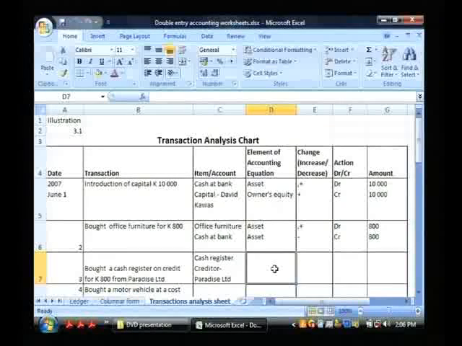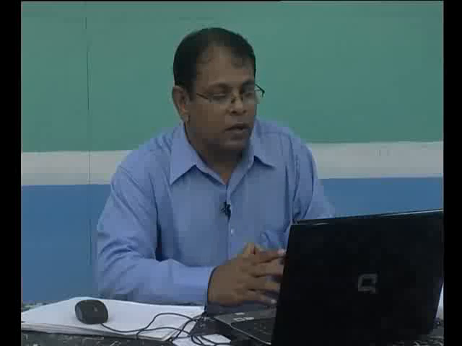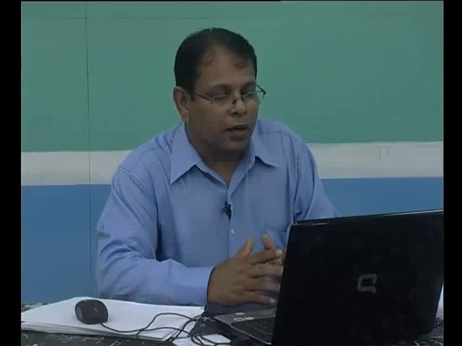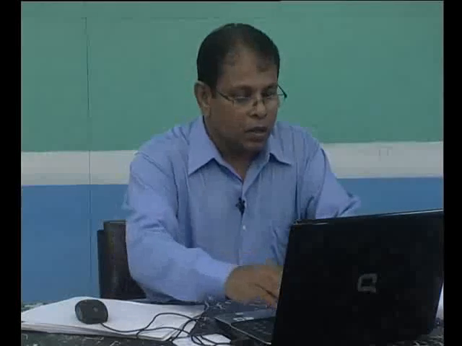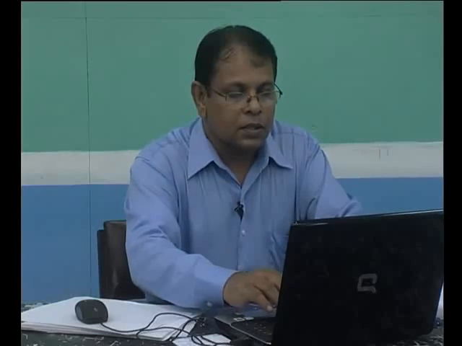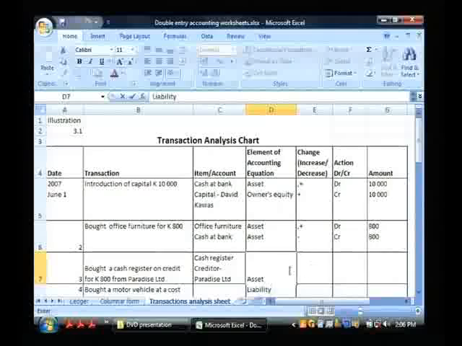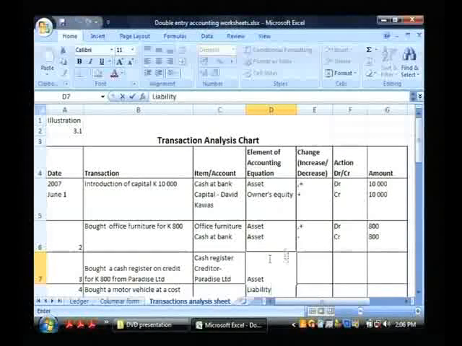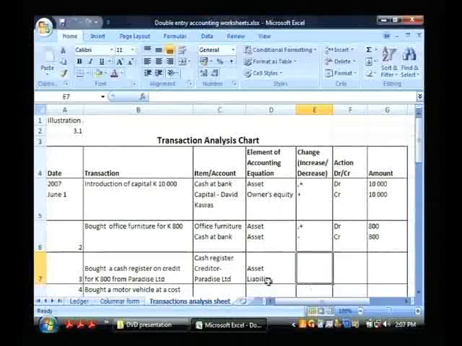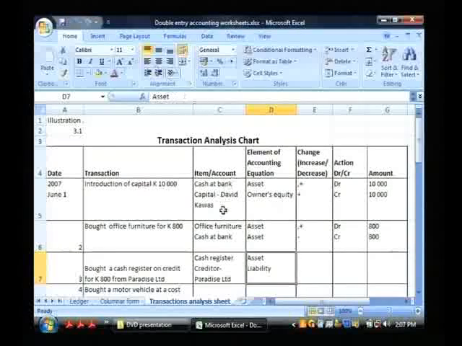When you purchase an item on credit from some other person, a supplier, the supplier is recognized as the creditor. Cash register is an asset, so write here asset, and then creditor is a liability, as you have learned, liability. So the accounts involved are asset and liability.